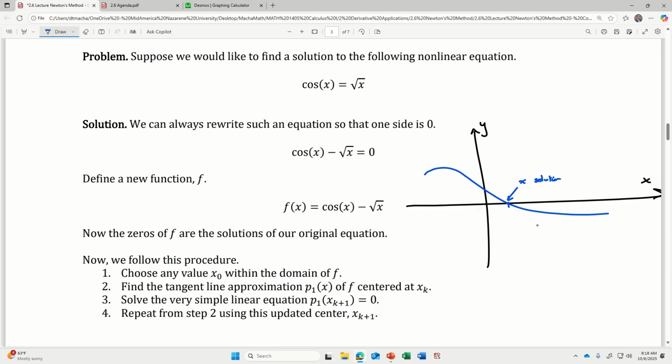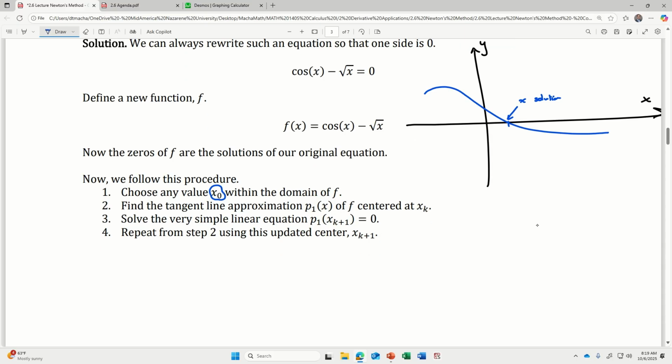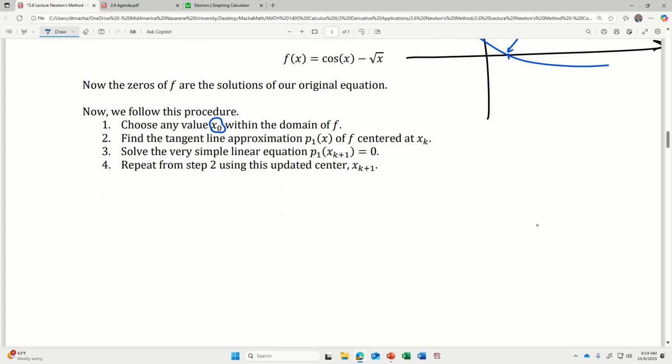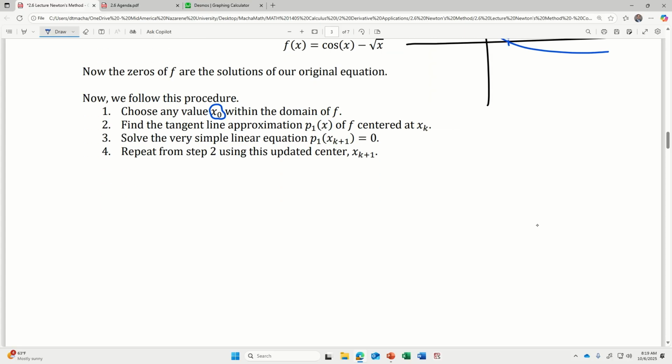Step 1, choose any x value inside the domain of this function and name it x with a little subscript 0. x subscript 0 is what we call the initial iterate.